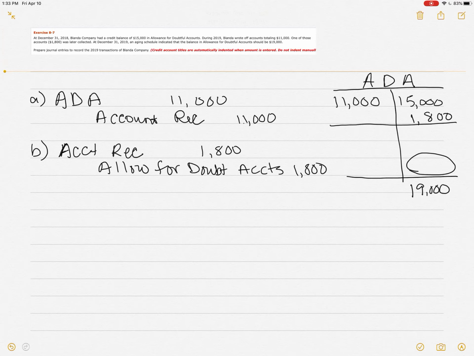And if I add up my debits, add up my credits, my current total is $5,800. So that means, again, I could take my beginning balance that I'm starting out with, $5,800, subtract out that ending balance of $19,000, then it means I need to adjust for $13,200.